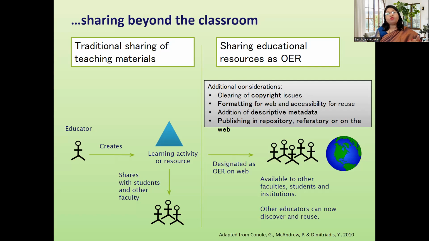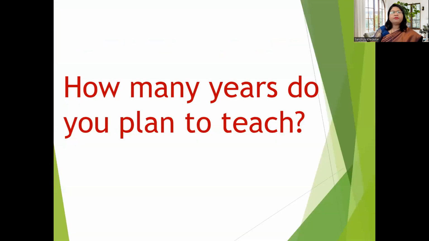It means we have to think from the perspective of a learner, from the perspective of a child or the student, about what kind of resources I shall provide to my students. And nowadays there are many open education resources available. OERs are available, and we have to first make a plan of how many years we plan to teach.